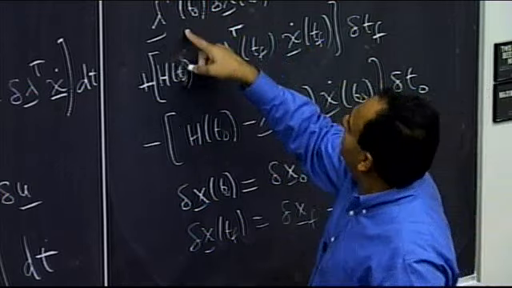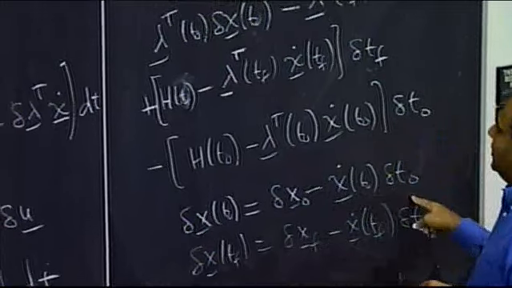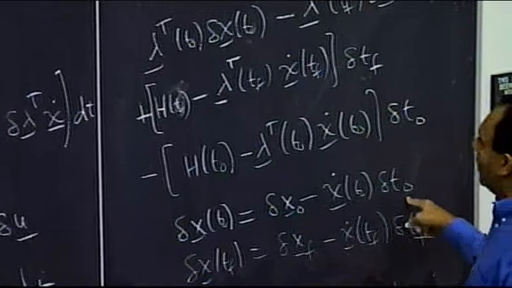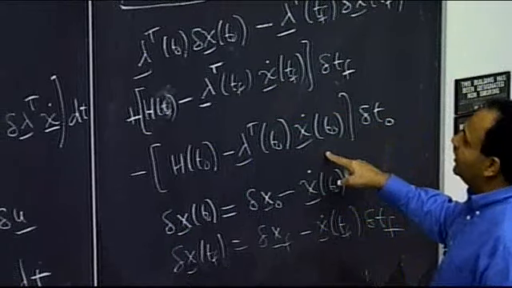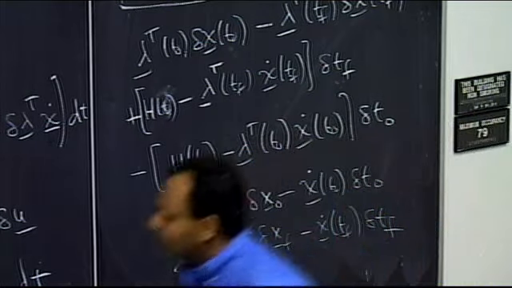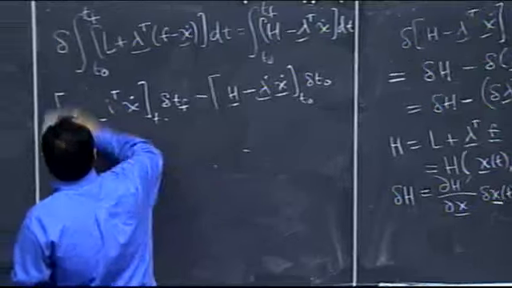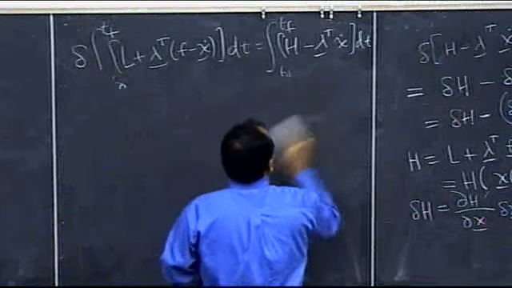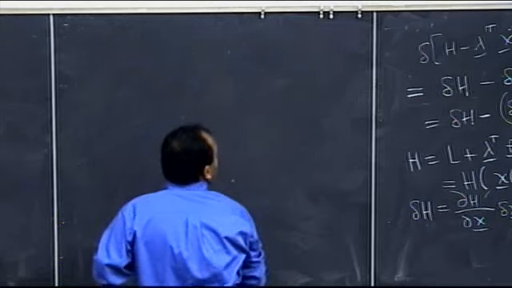You get lambda transpose t0 times the variation in x0 minus x dot at t0 times the variation in t0. But I've got a plus lambda transpose t0 times x dot at t0 times the variation in t0. So they're going to wind up canceling each other out. So what do we get?